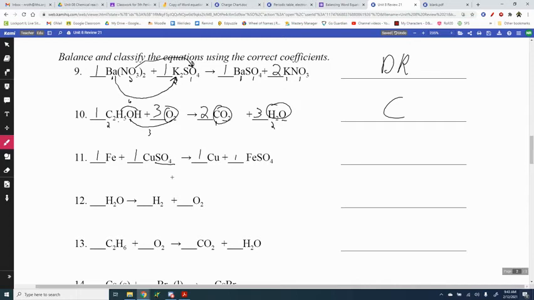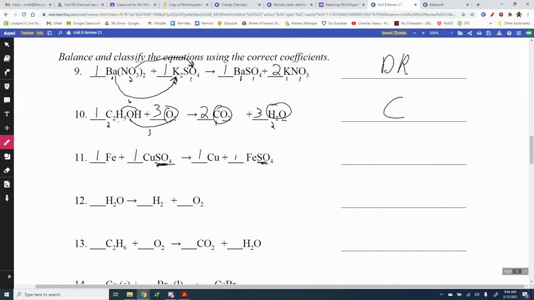So here we have SO4. Here we have SO4. If we had SO4 on one side and SO3 on the other, then we wouldn't be able to do that. But since they are the same on both sides, we can just count them as one thing. Okay, so this is already balanced.